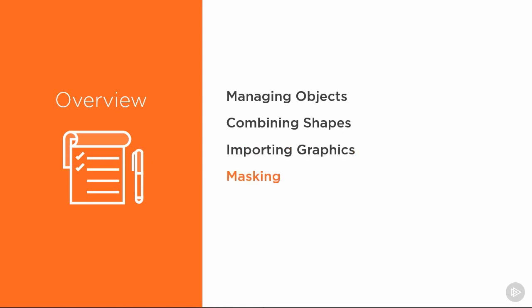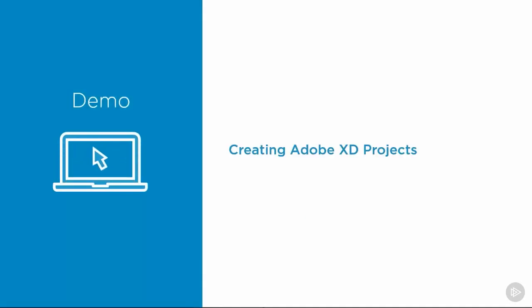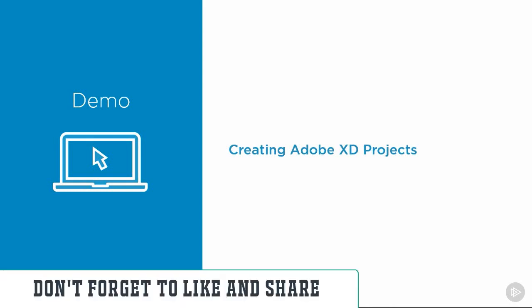Since you don't always need the whole image, you'll learn how to mask images and graphics to show only the portion that you want. And finally, you'll learn how to speed up your production time using assets. We've got a lot of material to cover, so let's get started creating our Adobe Experience Design project.